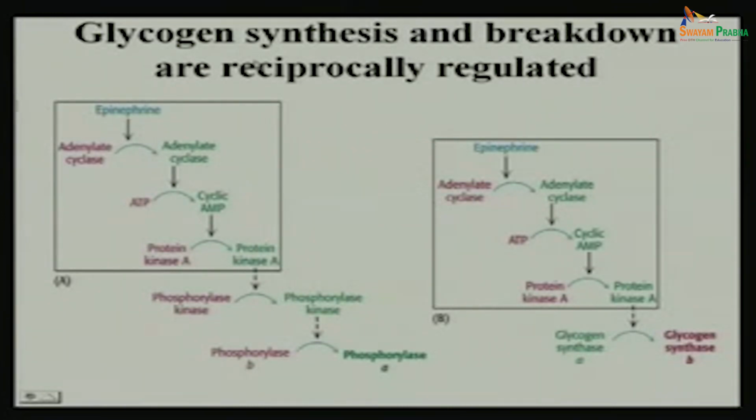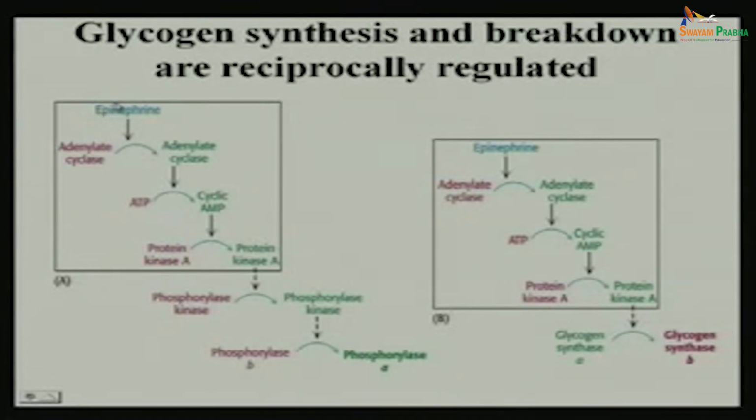Now, if we see glycogen synthesis and breakdown, we can find that these are reciprocally regulated within the cell. The hormone epinephrine is activating the adenylate cyclase enzyme, which is in the inactive form.